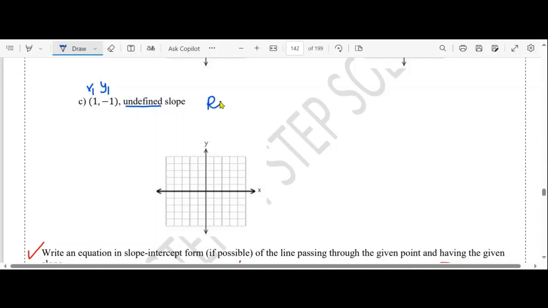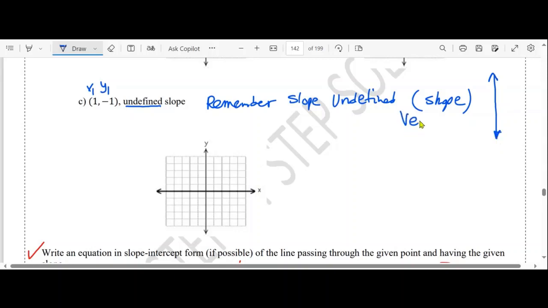If you remember, the slope is undefined when? What shape? Is it vertical or horizontal? The vertical. Vertical line, right? Like this, right? Yes. So it's a vertical line.